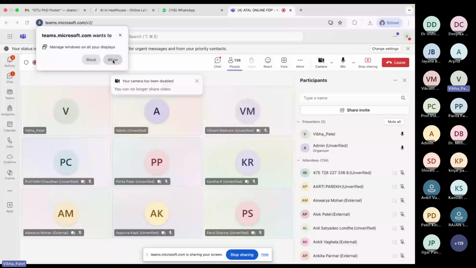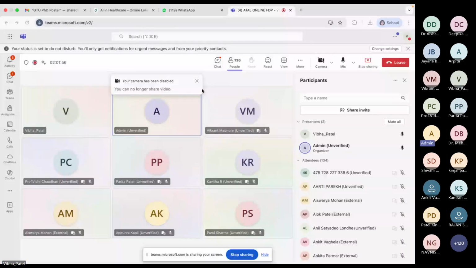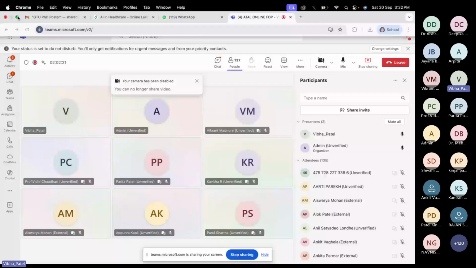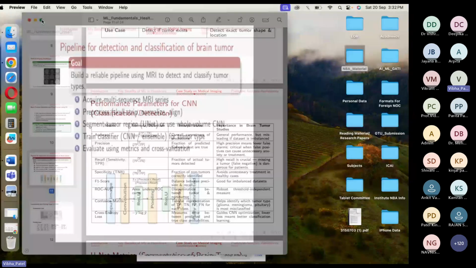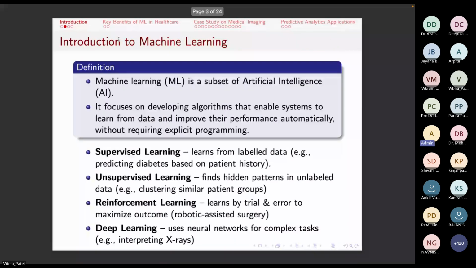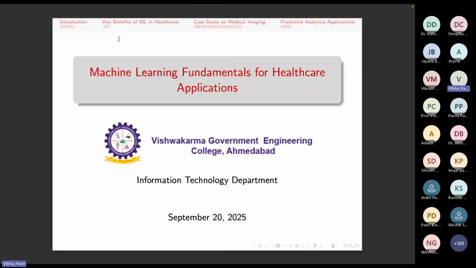Is the screen visible? Your PDF file is visible. Since I shared my whole screen, now it should be visible to everyone. Is it visible? Yes, ma'am. Now it is visible.